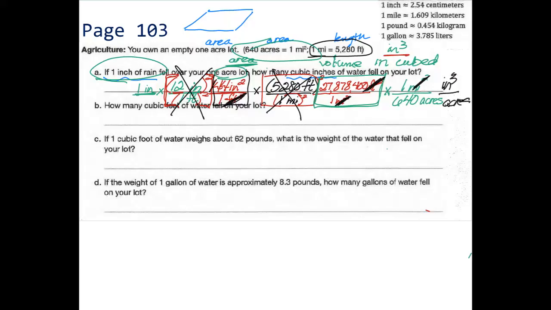So here's what we need to do. We need to take 144 times 27,878,400. Get that answer and divide it by 640.